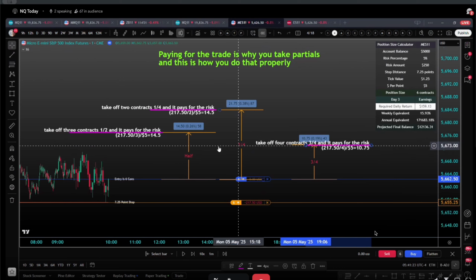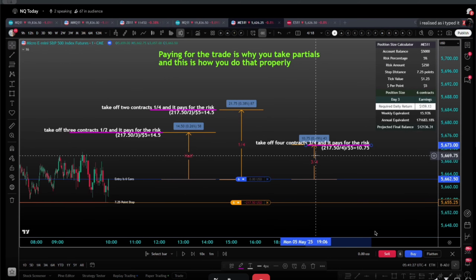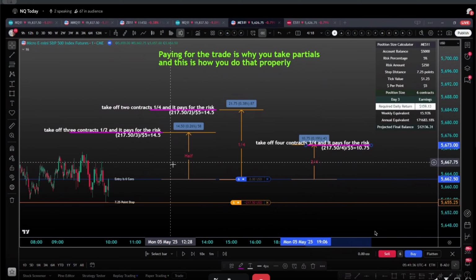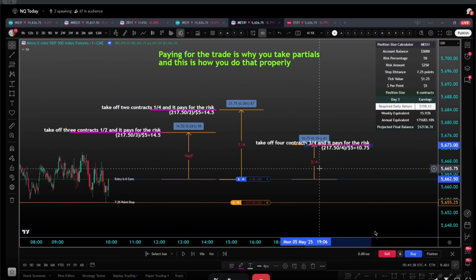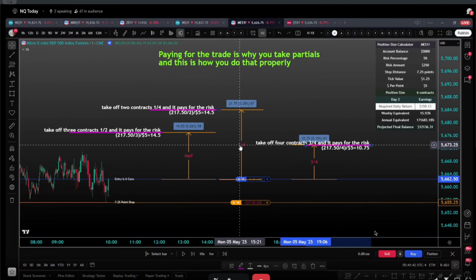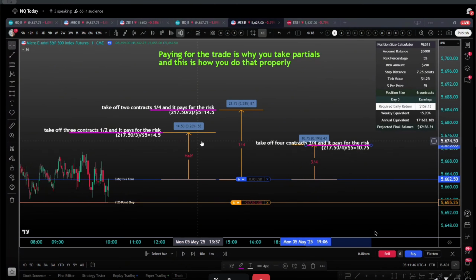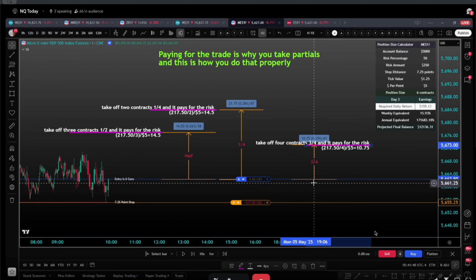The same thing goes with these partials. When using our daily classifications, DWP, DMP, range 1, range 2, how is that going to determine, first and foremost, let me back it up. If I take half the position off versus a 4th versus 3/4, which one's going to make more money once it finally hits TP?